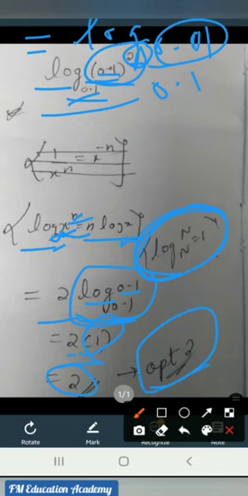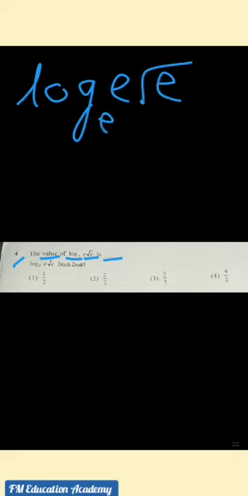Okay, moving on to fourth question. The question is the value of log e root e to the base e. What is the question? You have to write the value of log e root e to the base e.